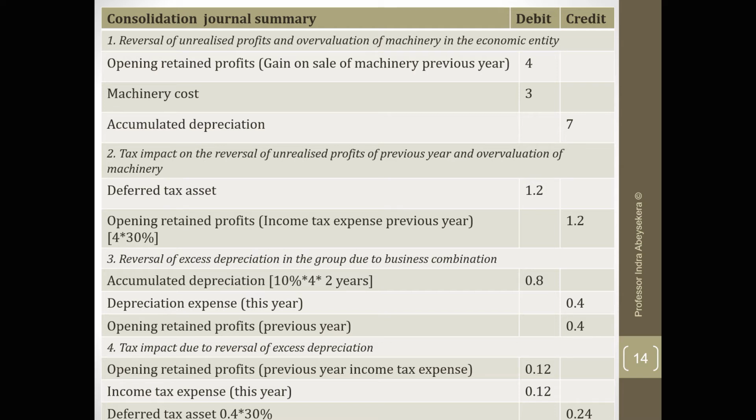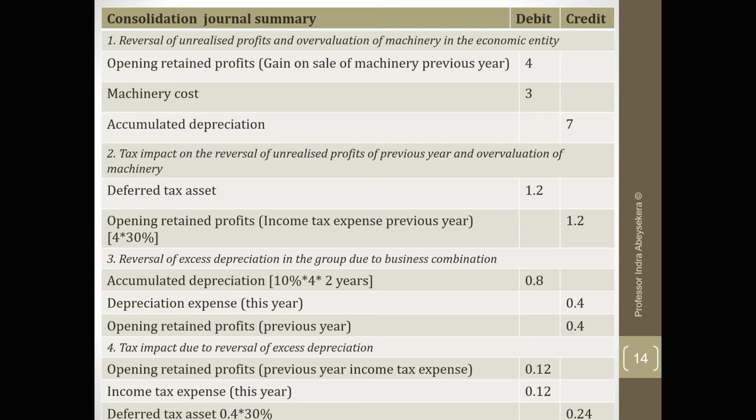Now we decrease the expense, profit increases. Because profit increases, the income tax expense will increase, 0.4 times 30%, 0.12. We debit 0.12. We're decreasing opening retained profits.